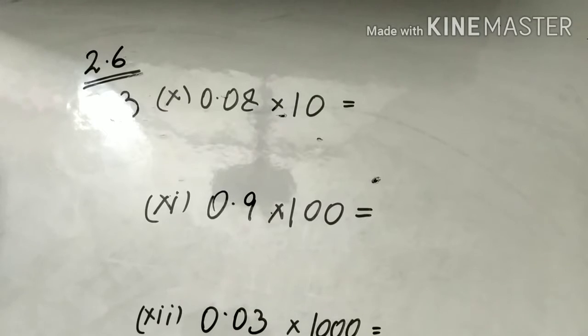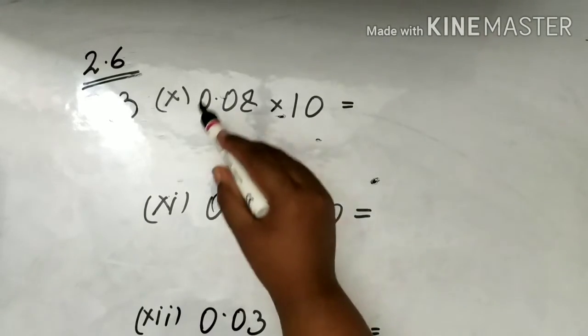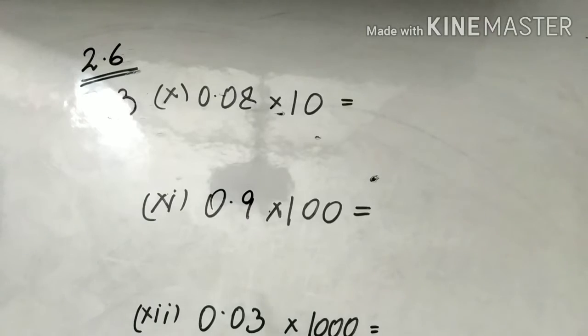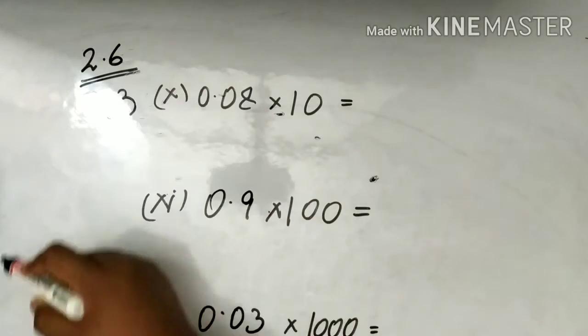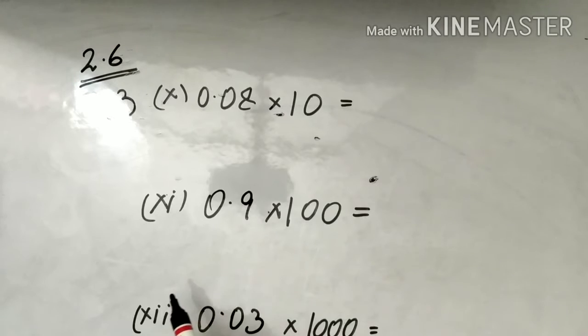Whenever we multiply decimal numbers with multiples of 10, we should use a rule of just directly moving the decimals according to the number of zeros to the right. Whenever we divide, we move the decimals to the left, right? So this is a shortcut method, right? So you can directly write the answer.